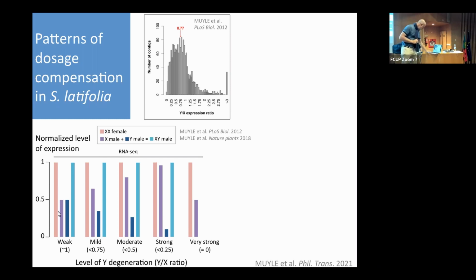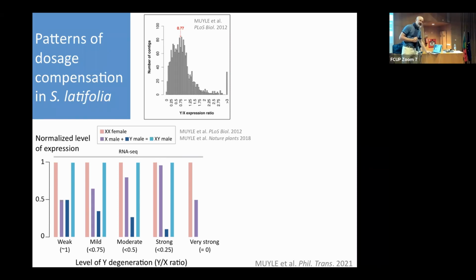And you can see that actually the expression of the X in males, without dosage compensation, it should be 0.5, okay, for all the categories, simply because there is only one copy of the X in males, okay, and two copies of the X in females. So the expression of the X in males should be half that of the expression of the X in females, okay?